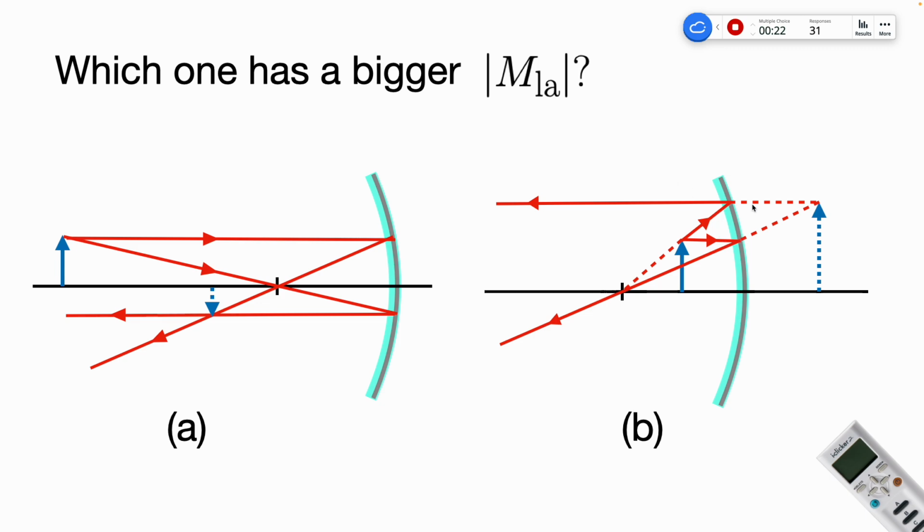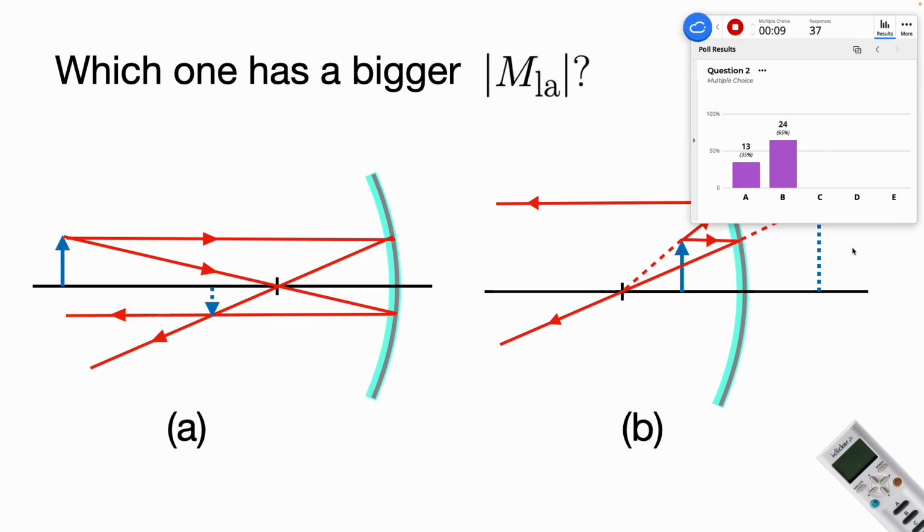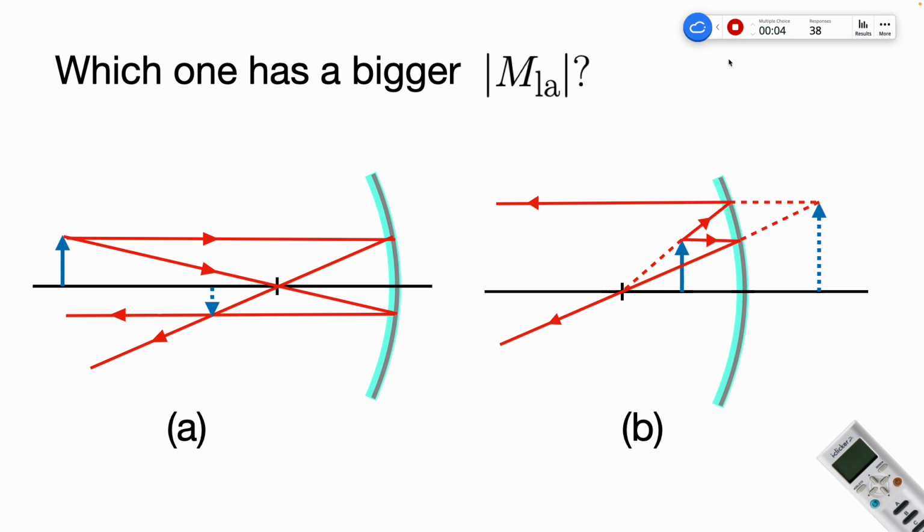So if I look at how many percent the object gets magnified in the lateral direction, which one should be a bigger value? So the definition is the height of the image divided by the height of the object.